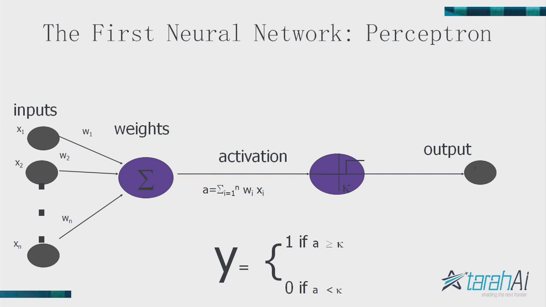Now think about the 4 rows which define the AND function. x1 is 0, x2 is 0, the output is 0. x1 is 0, x2 is 1, 0. x1 is 1, x2 is 0, 0. x1 is 1, x2 is 1, output is 1.